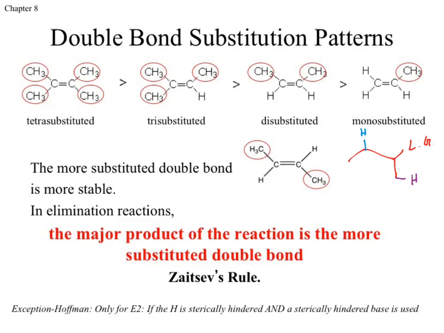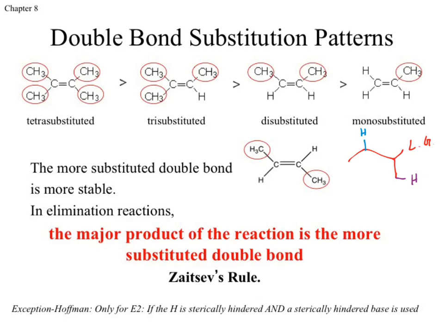Said another way, which of those hydrogens is most external to the structure? The purple. So if I use a base that is very sterically hindered, it's going to react with the most accessible, readily available hydrogen, which is going to be the purple one. If I'm looking at a base that isn't sterically hindered, I'm now going to form the most stable product, not the most readily available product. So we're looking at a thermodynamic versus a kinetic argument.